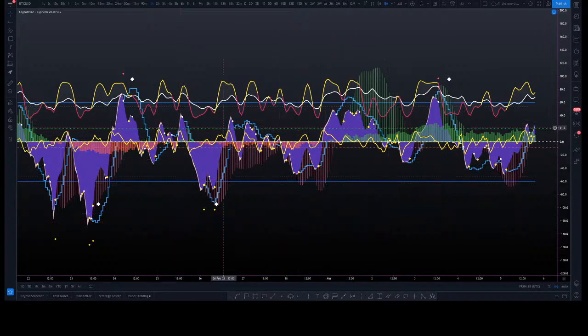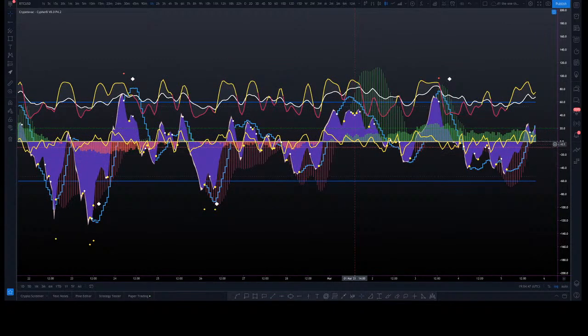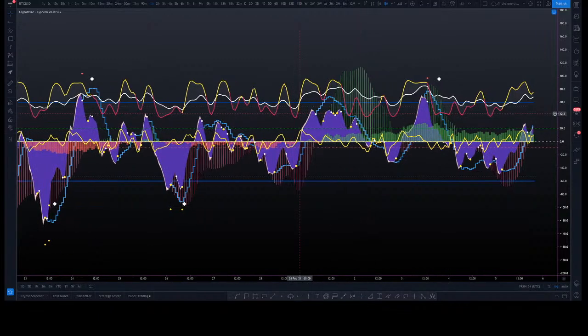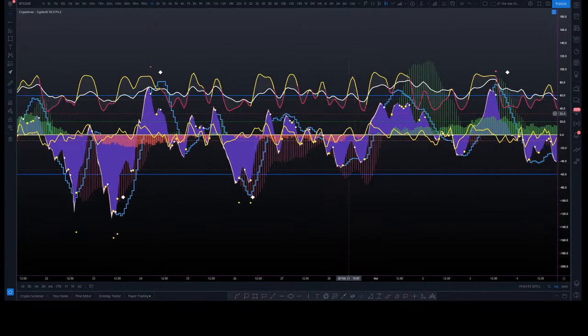What the difference is between the cipher, the liberator, the spy, the this and that, they all basically have the same code. This is made from scratch, and the waves are much cleaner, much tighter, and you're able to see what is going on with no guesses.